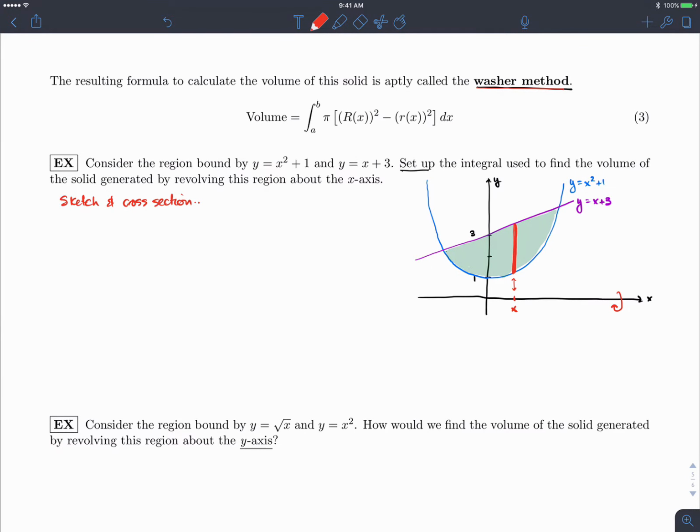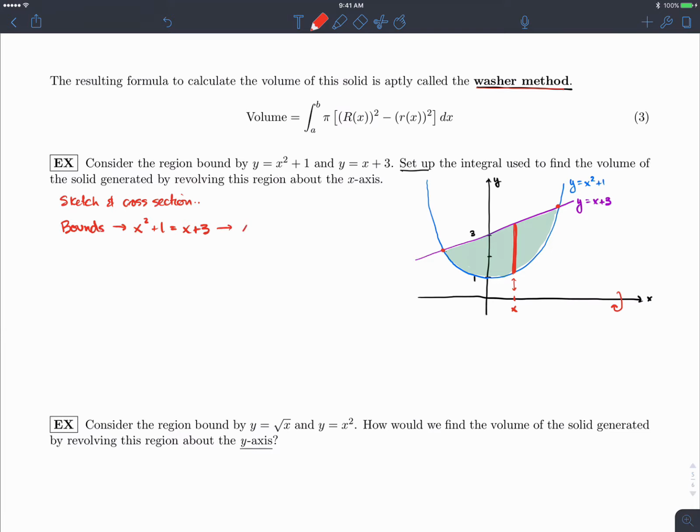So if we move on to our next quantity that we need, which are the bounds, as we've been doing before, in order to find where these two curves intersect, we're going to set them equal to each other. So we take x squared plus 1 and set it equal to x plus 3.